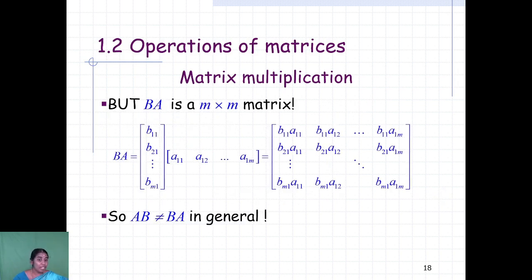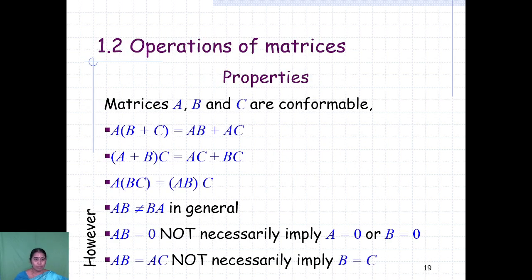But BA is an m by n matrix, with entries B11, A12, etc., as defined in this figure. So, in general, in matrix multiplication, AB is not equal to BA. This is an example.